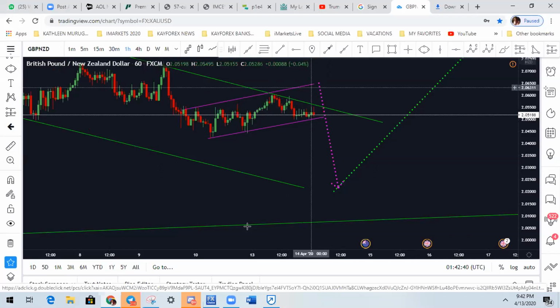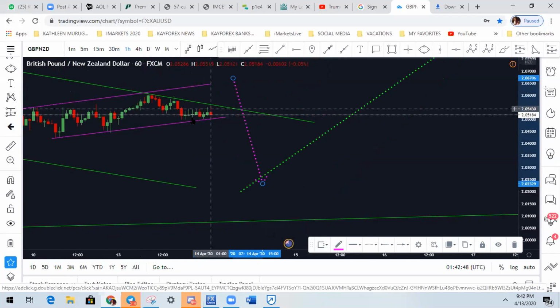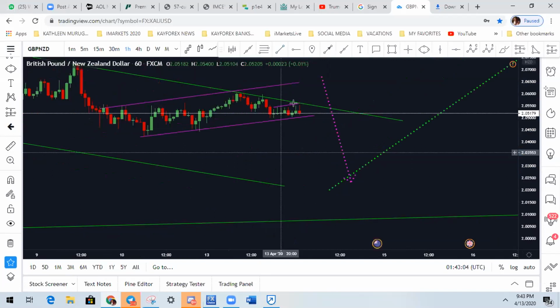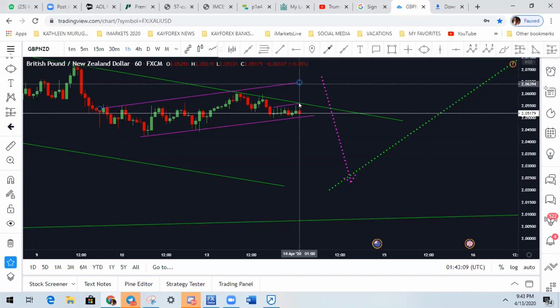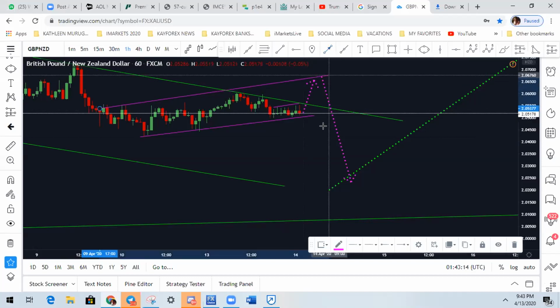It looks like on the 1-hour it's going to do this, because what's going on here is kind of a flat line. Do you think it's going to drop, or it's going to go one more up? It could go one more up here and then drop.